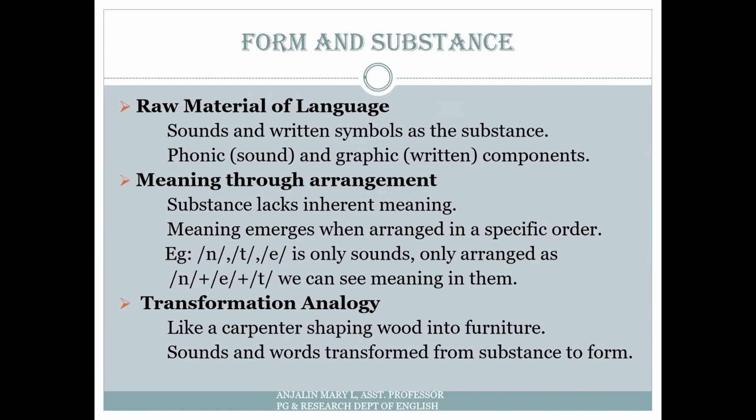There's an example here where a cluster of sounds, such as n, t, etc., is just a noise with no meaning at all. It must be suitably arranged into some form to make it meaningful. It is only when the sounds are arranged in a certain way, that is n, a, t, that we get a proper meaningful word called net.